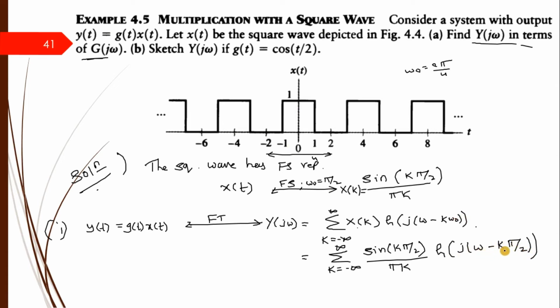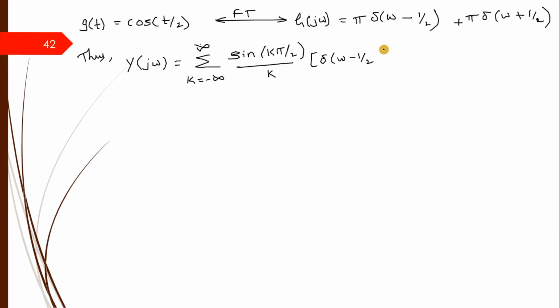So omega should be replaced with omega minus k pi by 2. This additional term will also be there, that also we should write. Then plus, so here bracket has been placed, pi, one second, delta of omega plus 1 by 2 minus k pi by 2.